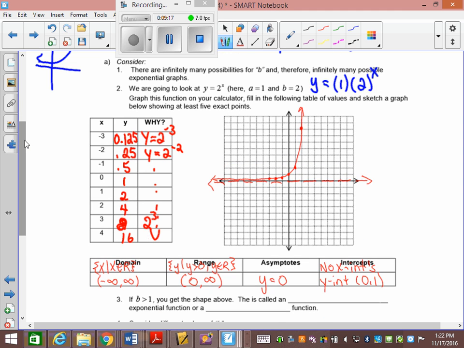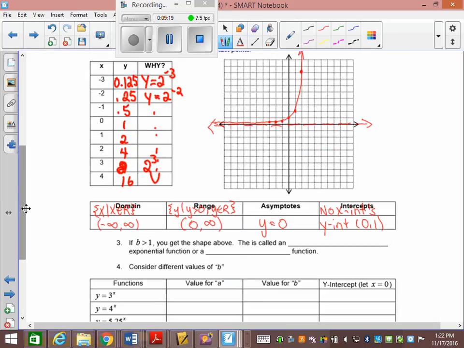Our a was 1. Our b value is 2. If b is greater than 1, you get the shape above. This is called an increasing exponential function, or a growth function.